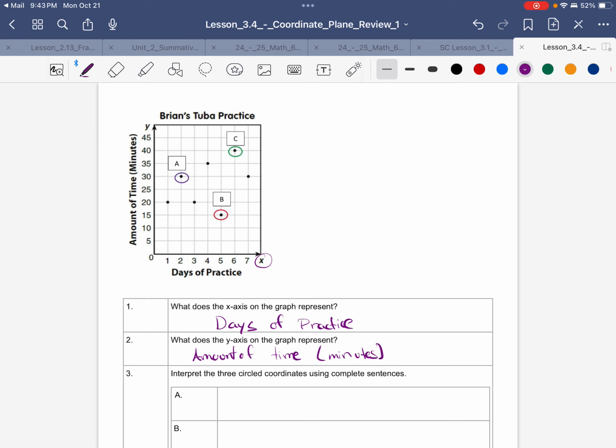So A says after 2 days of practice here, on our second day, days of practice. So on our second day of practice, Brian practiced his tuba for 30 minutes.